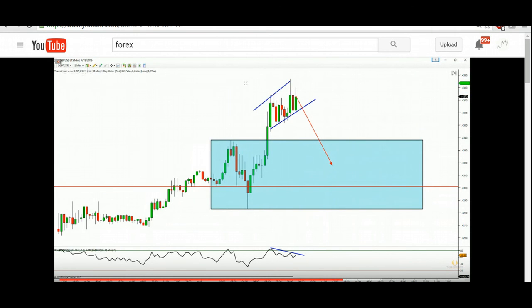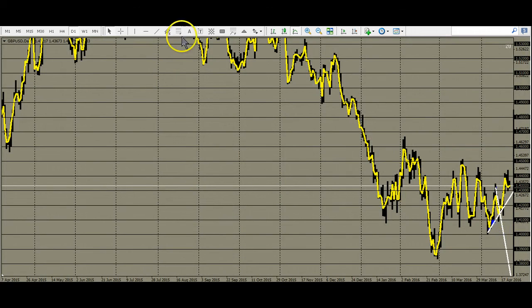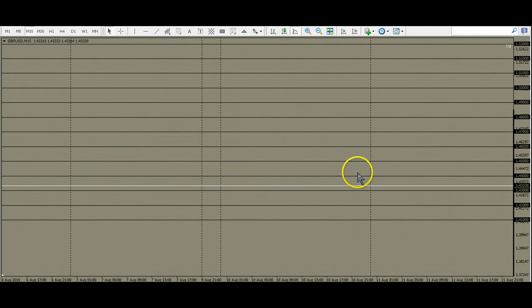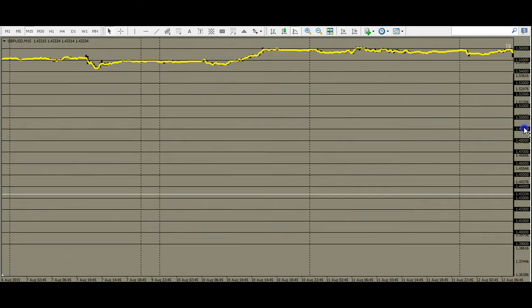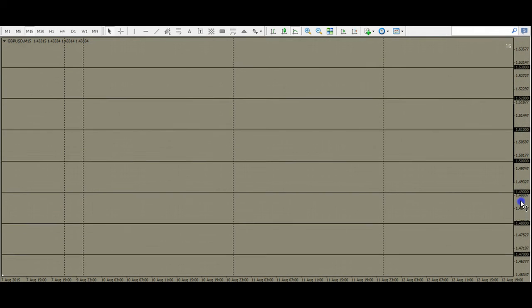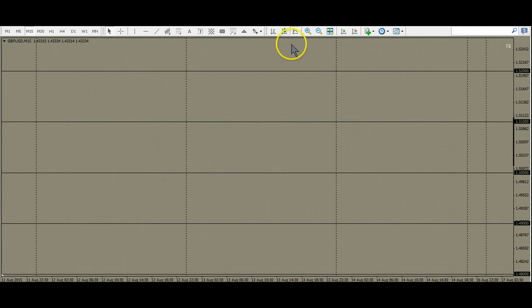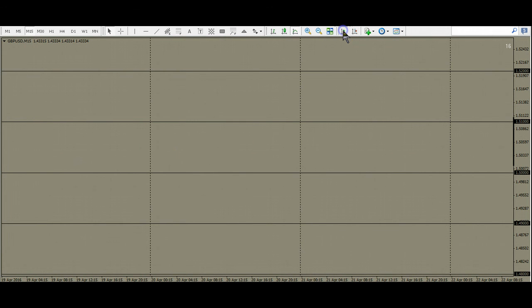Anybody got to look back at this chart here. Let me see if I can find where he's at on this chart. Here's the 15-minute chart. Let me turn this back.